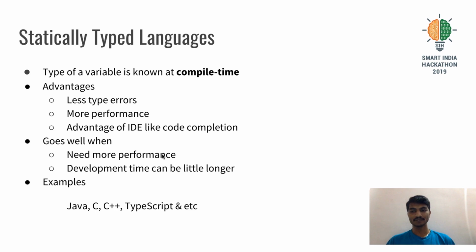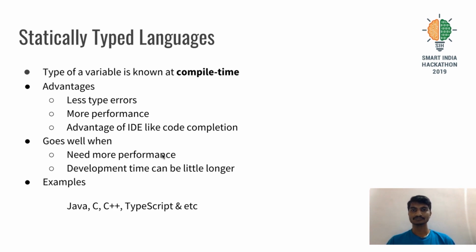It goes well when you need more performance in your system, but the development time can be a little longer, because in statically typed languages every variable should know its type during development itself. Whenever I define a custom data type and something changes in my requirements, it will take some more time to update that change throughout my system.